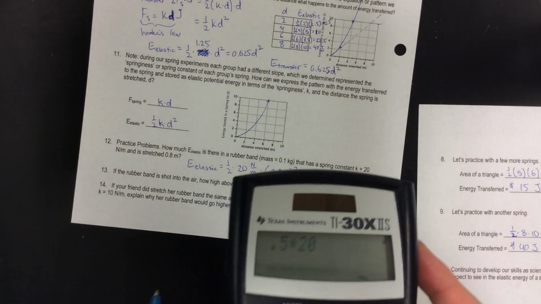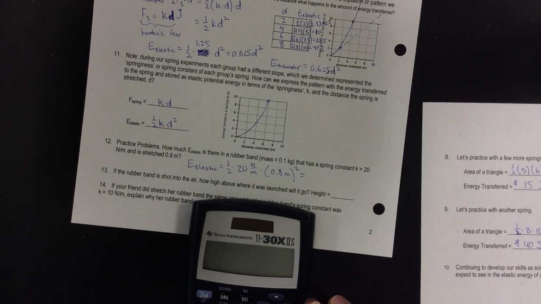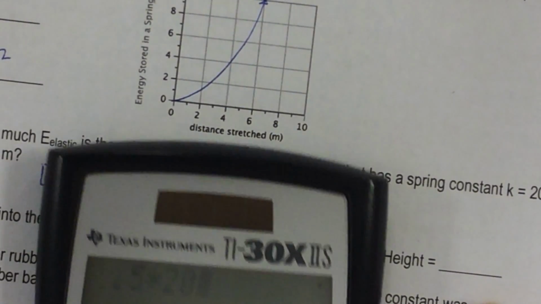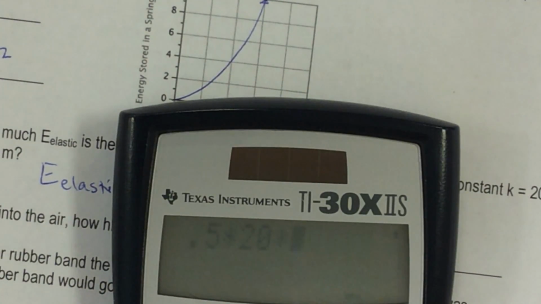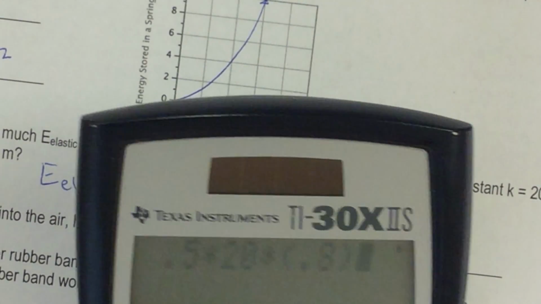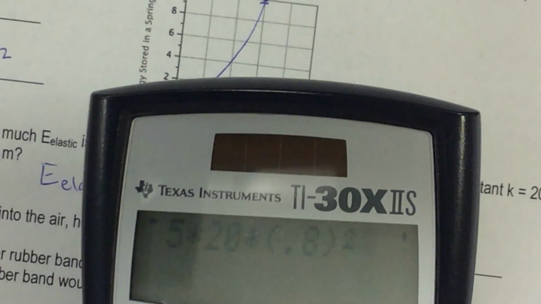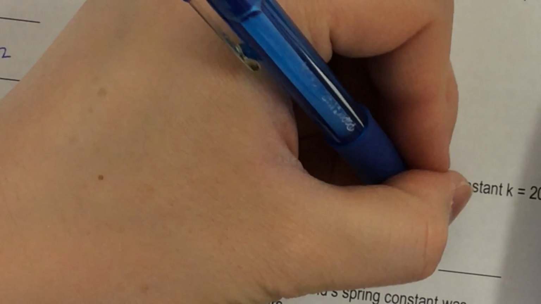It's so dark though. Trying to see it? Okay. Times, parentheses, 0.8 squared. You see that? Equals 6.4.